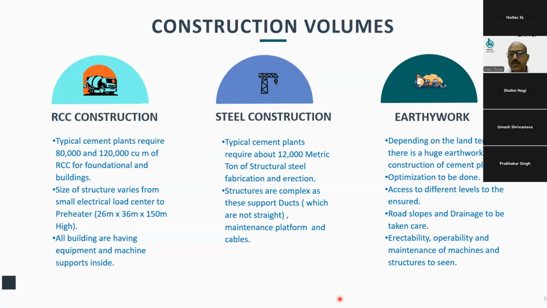If there is a huge hilly terrain, there are a lot of levels to be constructed. We call them benches. Optimization is done to decide the levels, but of course, we have to see the accessibility, road slopes, drainage, and other things like erectability, operability, and maintenance of machines and structures.